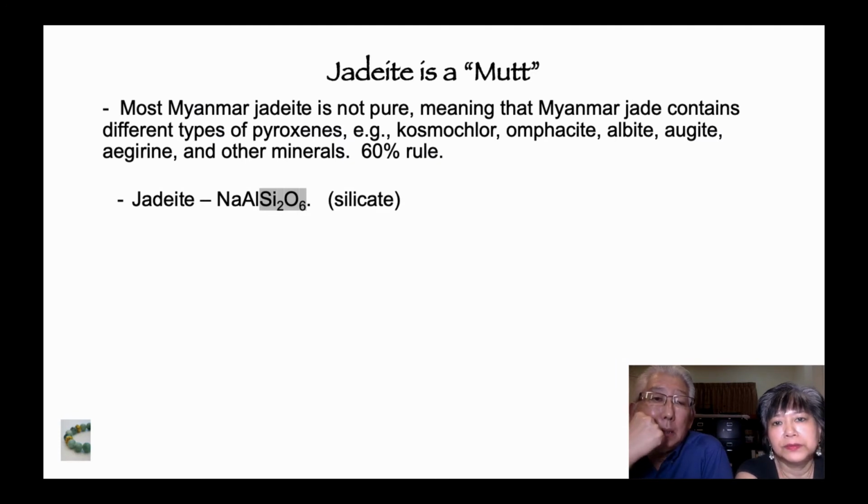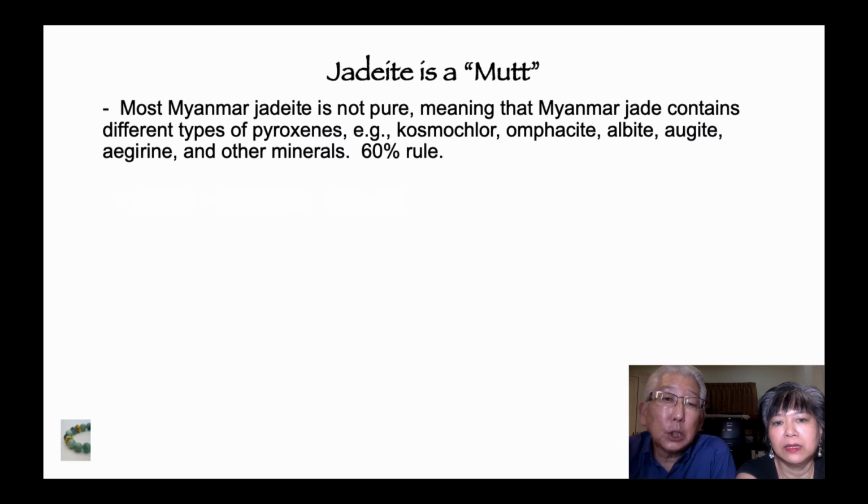So let me go back to this. In China, one jade expert, Miss Wu Yang, actually put cosmochlor and omphacite into the whole jadeite family, and she calls it fei shui.